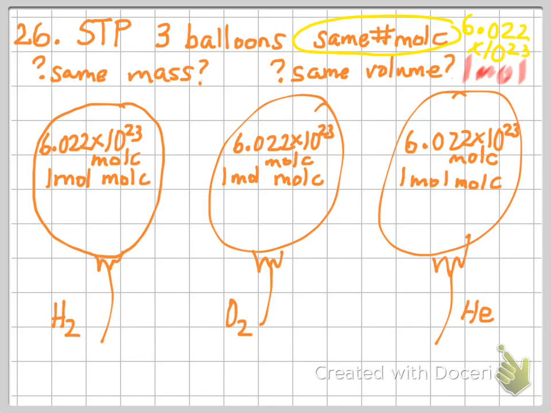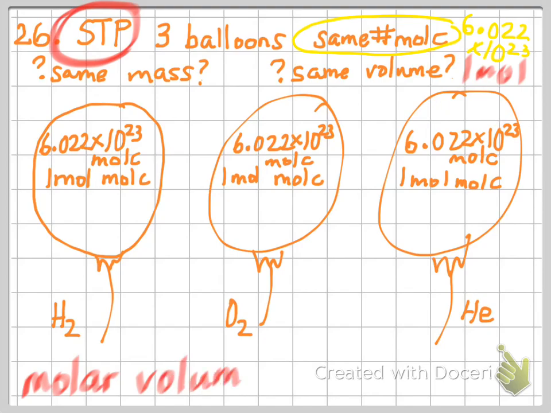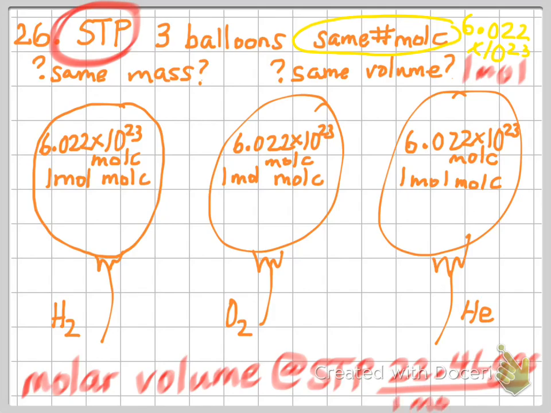Because they told me it was STP. Well, what do I know about the volume of a gas at STP? I know molar volume. And molar volume says that at STP, it's 22.4 liters of any gas to 1 mole of that gas.